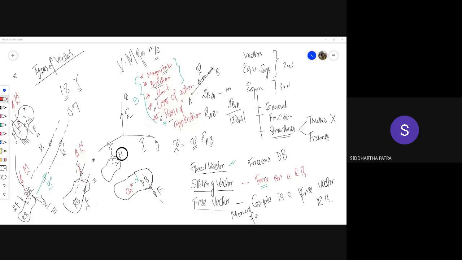That means, look at this diagram, whether that moment has been created by figure 1 or figure 2 or figure 3, you can change the direction of the forces, the magnitude of the forces, but not changing the plane first of all, and obeying the F times D value, it is going to have the same effect on the rigid body, because the effect on the rigid body depends on whatever is the moment due to all the forces.